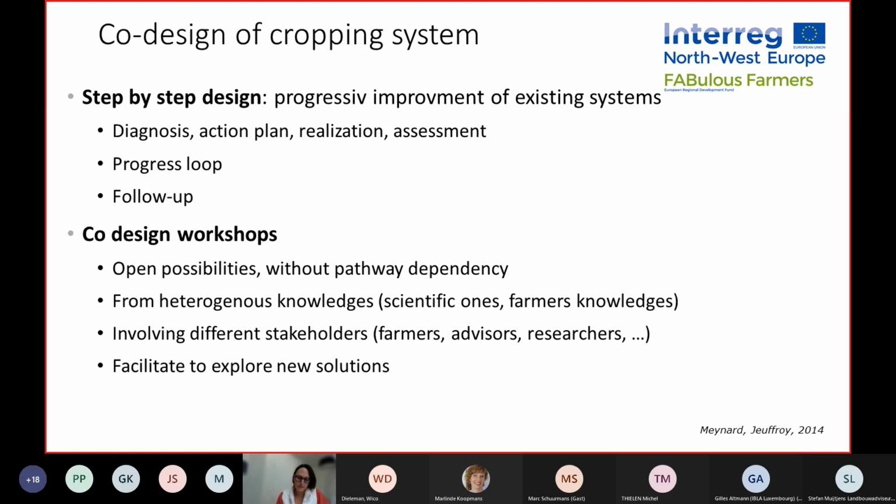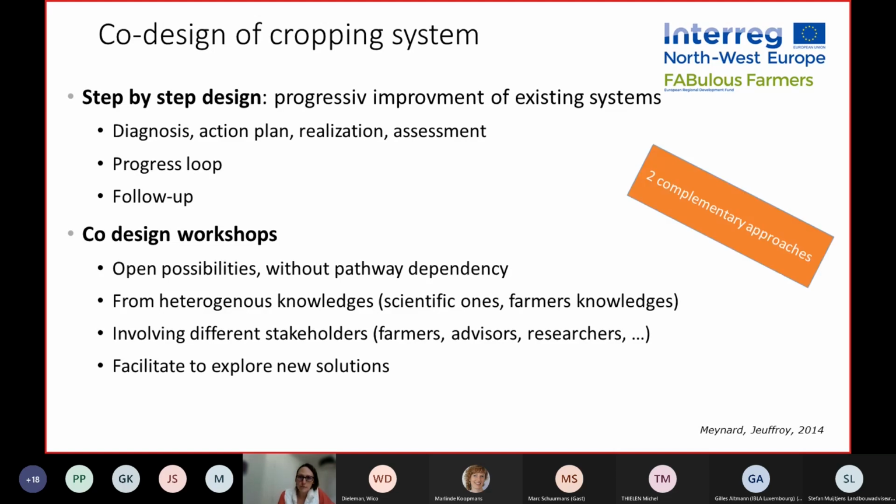The main characteristic of this method is to open possibilities without path dependency, and to gather heterogeneous knowledge from farmers and also sometimes from scientists, and to involve different stakeholders in the same room: farmers, advisors, researchers. And the facilitation method is led to explore new solutions.